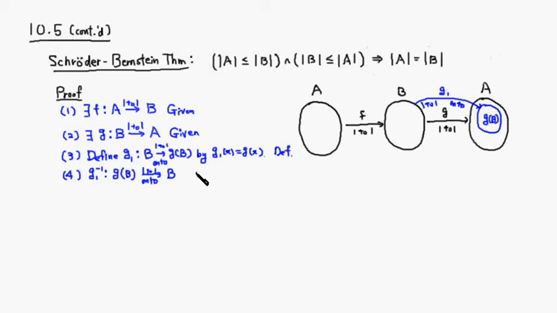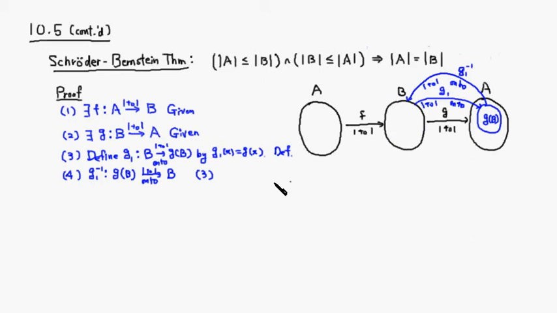I'm calling this line number 4. So we have an inverse function going from g of B back to B, that's g1 inverse, and it is one-to-one and onto.